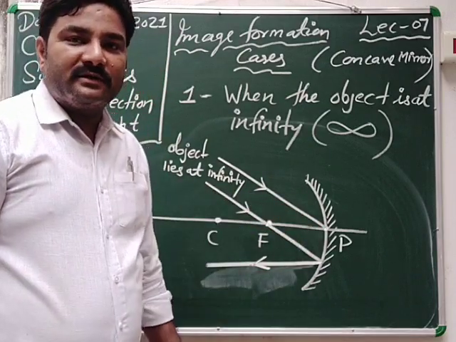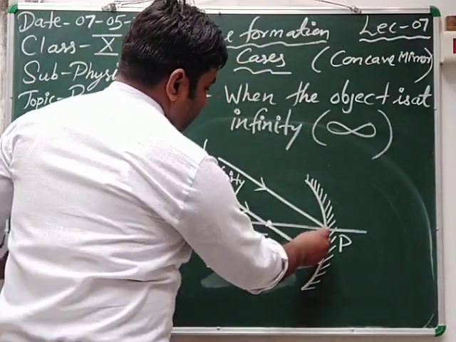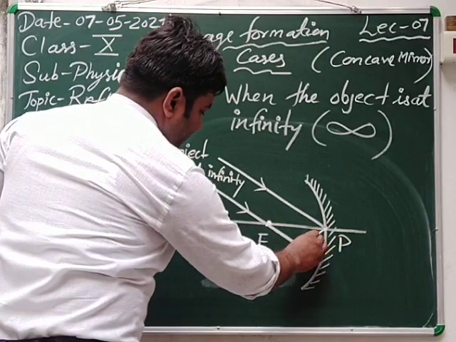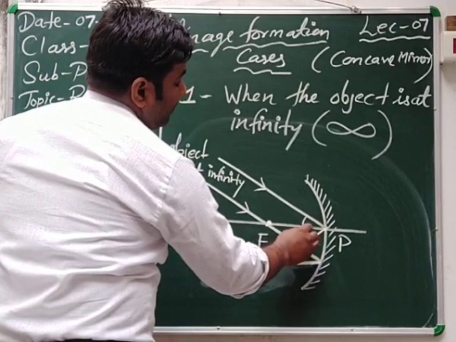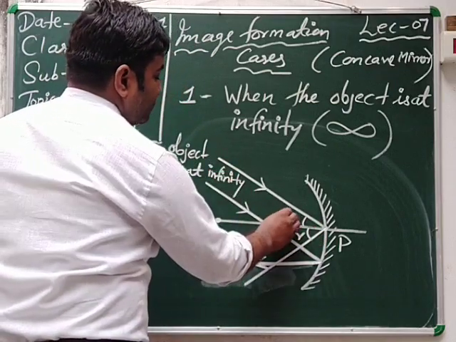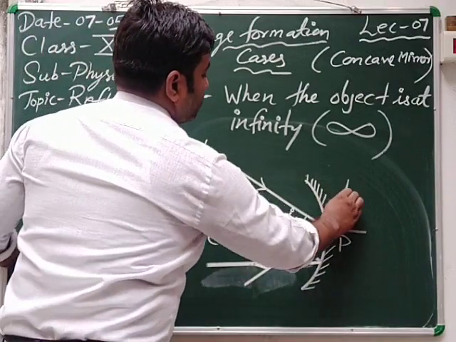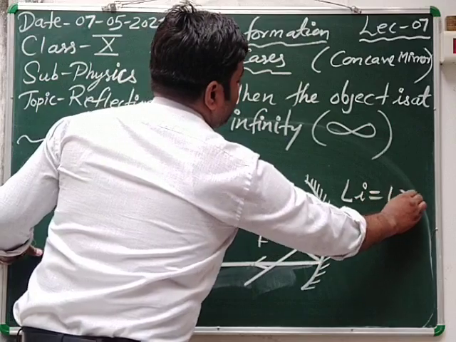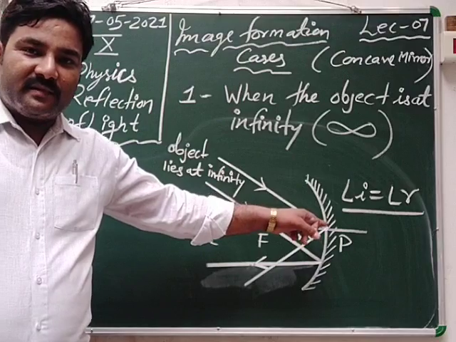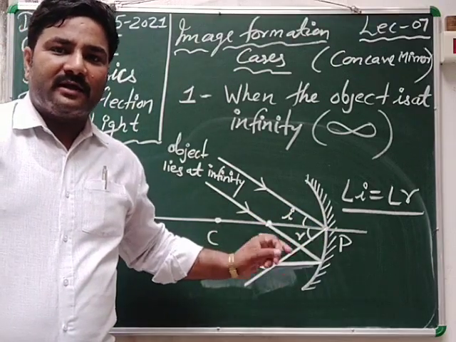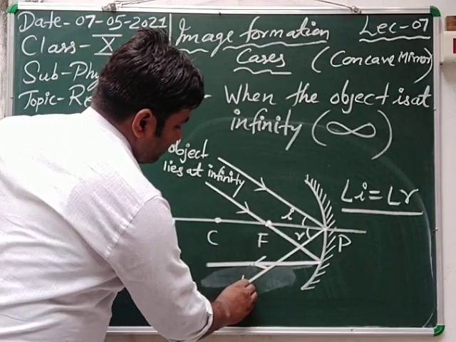Incident at pole. Incident at pole, then after reflection it follows the laws of reflection. That is, making equal angle with the principal axis. This is I, then this one is equal to R. Angle I is equal to angle R. When the incident ray is incident at pole, it follows the laws of reflection, and here this is the reflected ray.